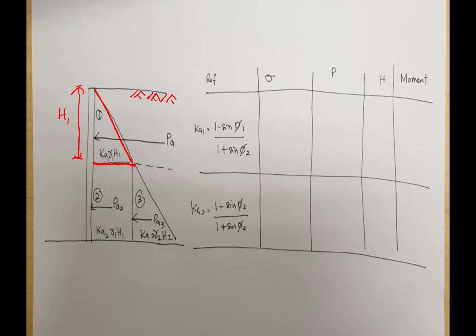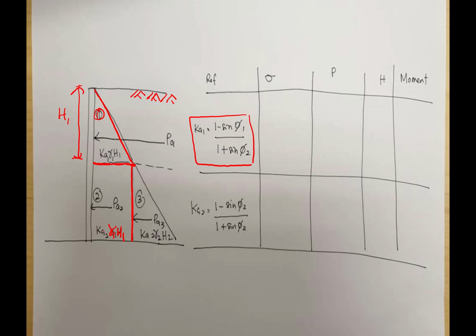Whatever refers to layer 1, you must find Ka1 first, and then you transfer it down. When transferred down, that triangular section now becomes a rectangular section, which is Ka2 gamma 1 H1. Please remind yourself that when you transfer down any load from layer 1, what you transfer is the load gamma 1 and H1.